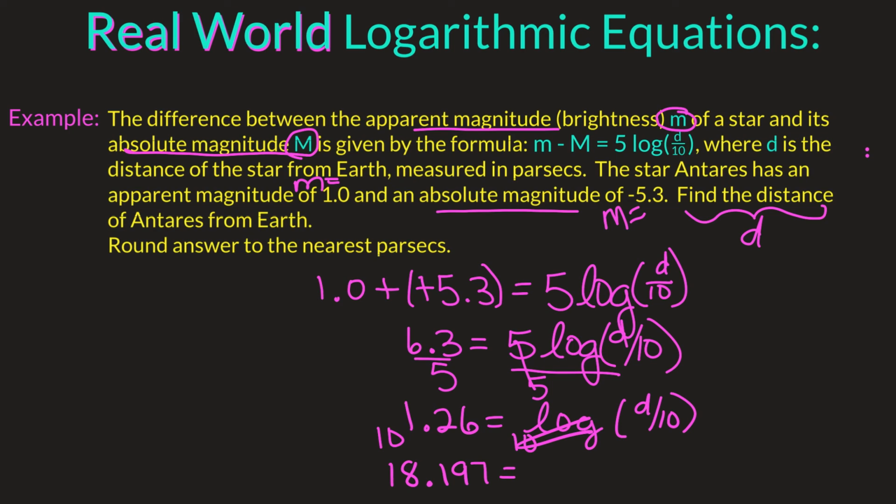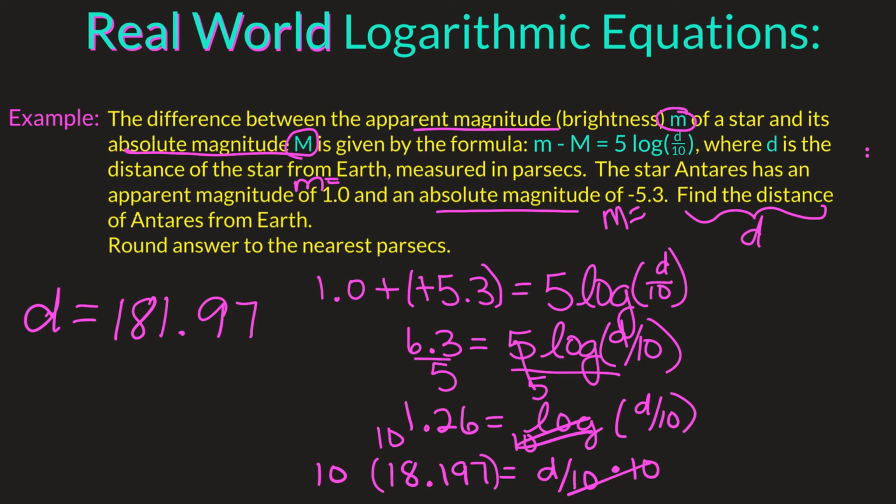This is going to cancel with the log, and so it's just going to be d divided by 10. Now if I need to solve for d, I need to multiply both sides by 10 to get d by itself. So it looks like our d is going to be equal to 181.97. But because it says to round the answer to the nearest parsec, it looks like it's going to be about 182 parsecs.